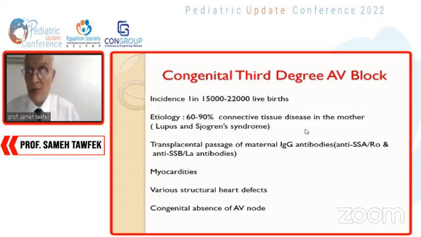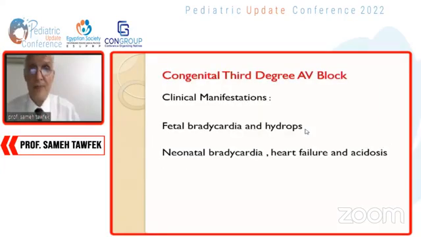Sometimes there is also structural heart disease or a structural heart defect, and congenital absence of the AV node. Clinical manifestations of congenital third degree heart block are fetal bradycardia and hydrops, and neonatal bradycardia, up to heart failure and acidosis as well.